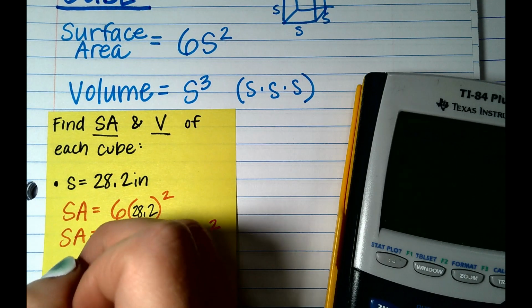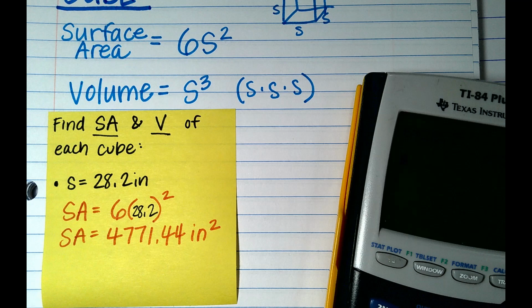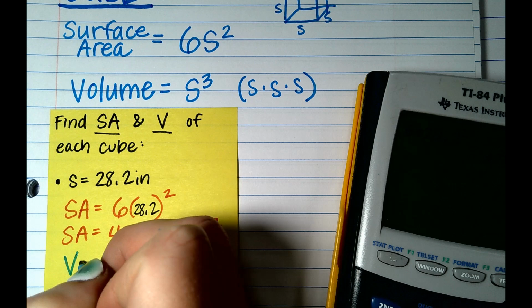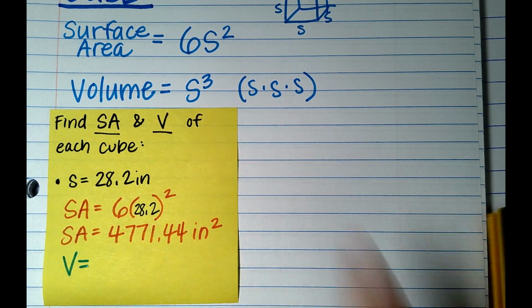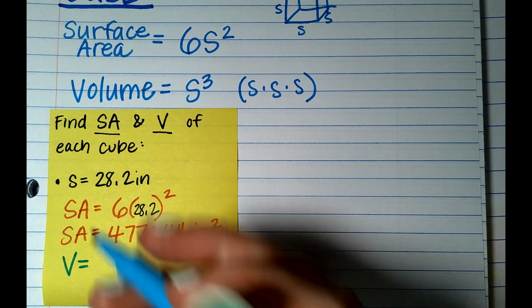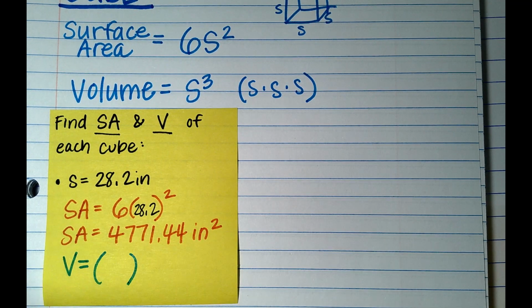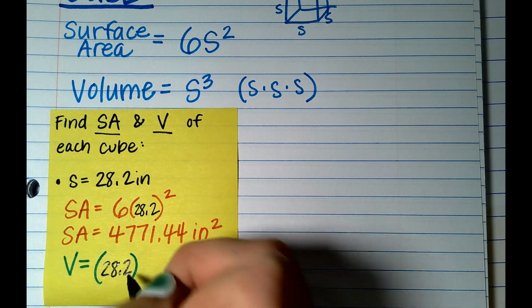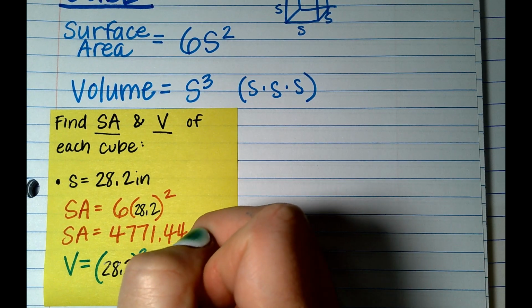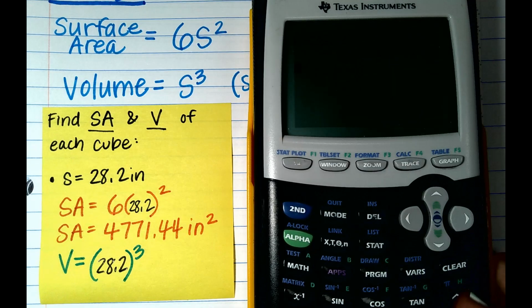Now for volume, we need to be able to do a cubed on a calculator, so I'll show us that. Volume is just S cubed. S is 28.2, so we need to type 28.2 cubed, and here's how we do that.